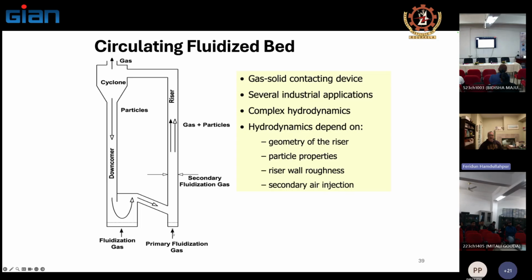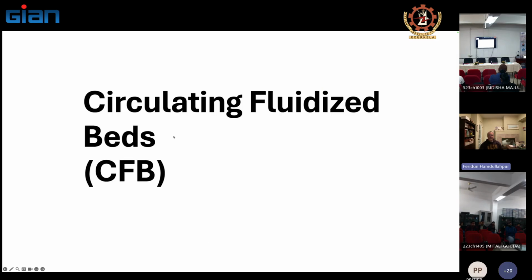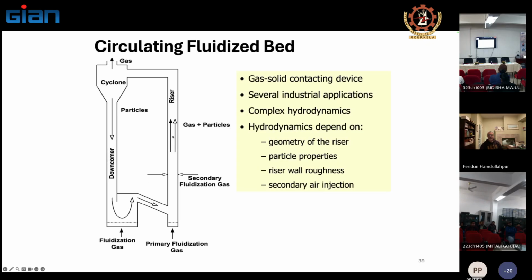We have air passing through here. Forget about the secondary air for now. You have gas and particles, but the gas velocity is so high that much of the particles are leaving. They are captured by a cyclone here, and of course, gas will have to escape.